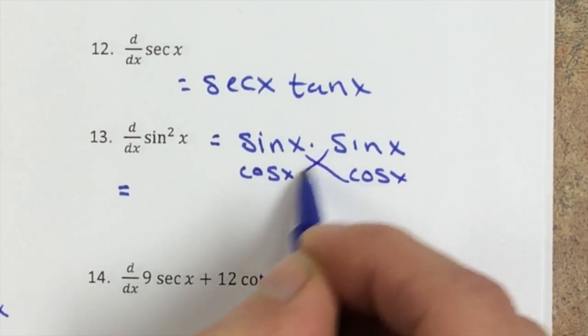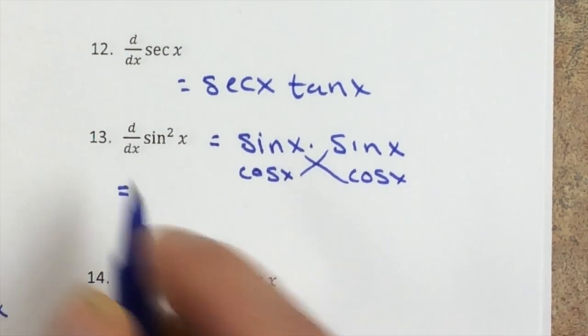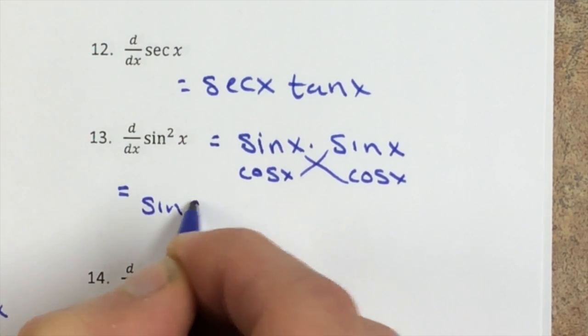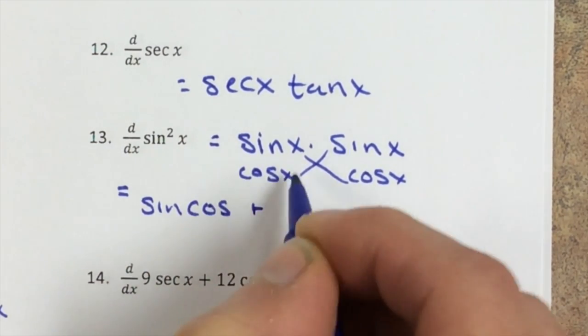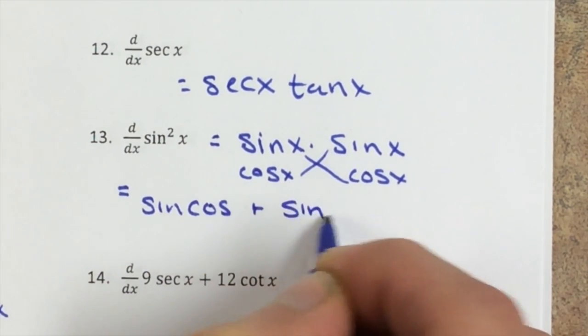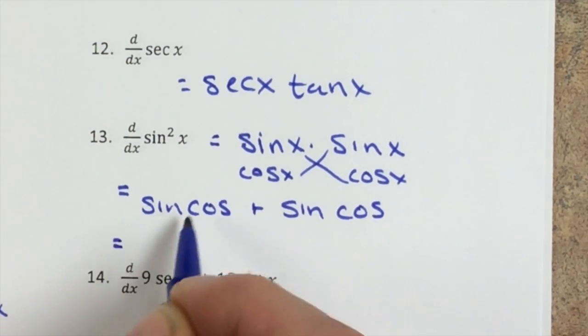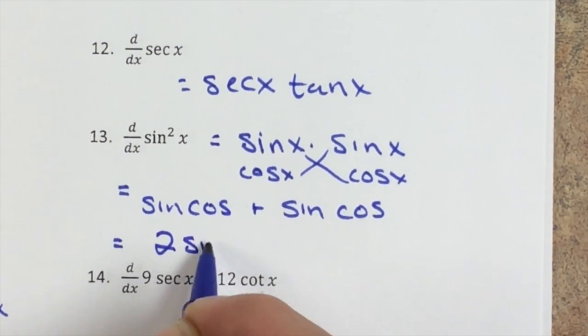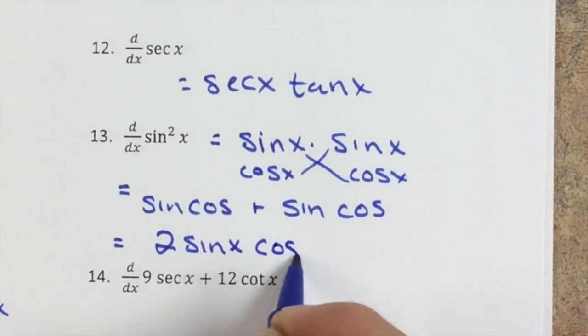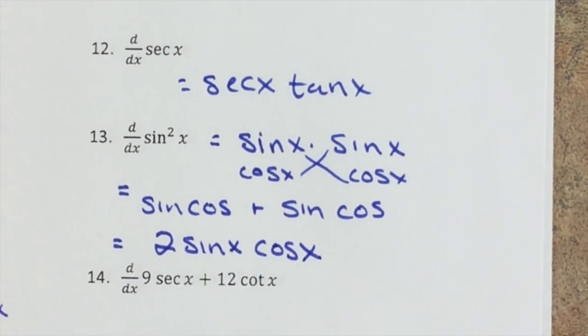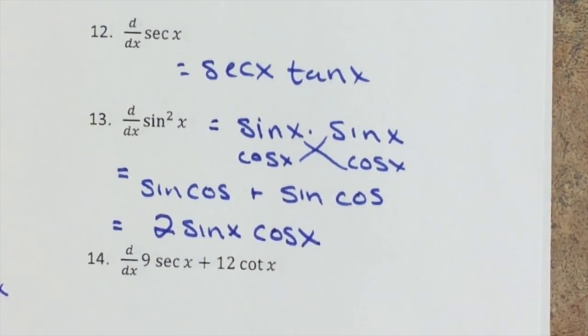And we're going to do crisscross applesauce. So we have sine times cosine plus sine times cosine. So my derivative is 2 sine x cosine x. Simple.